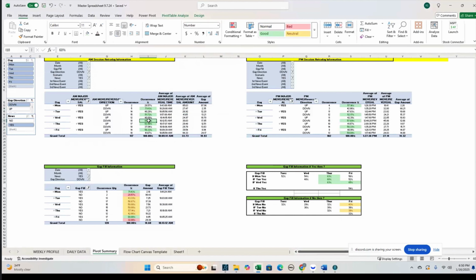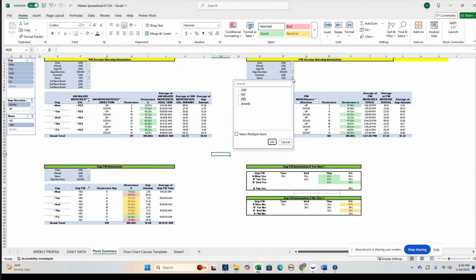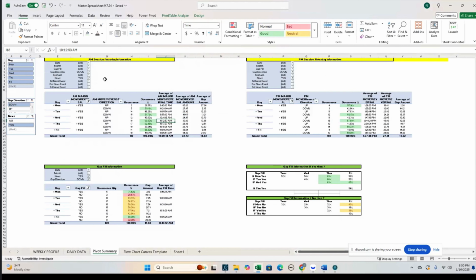Now Wednesdays typically go down on gap down days. On Thursdays, in which we gap down, we typically like to push up. So anytime I see this, when I'm going through this, this is what I'm pulling.